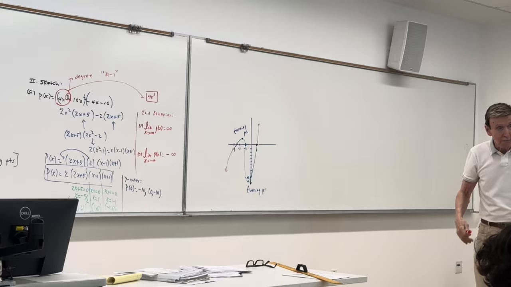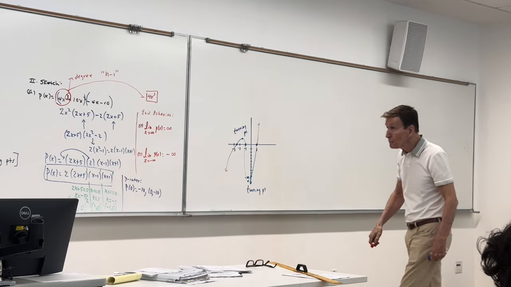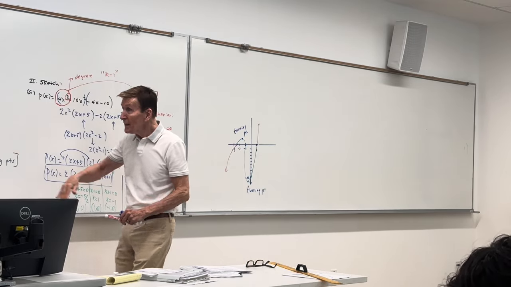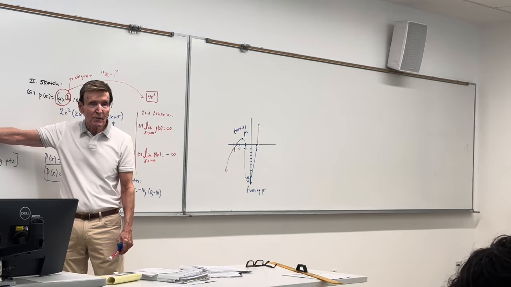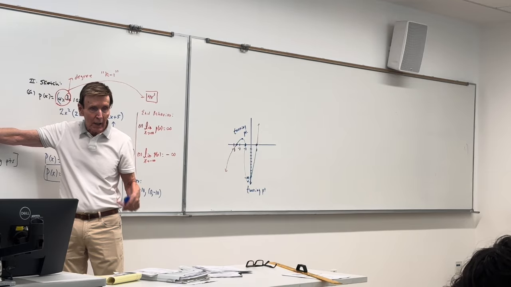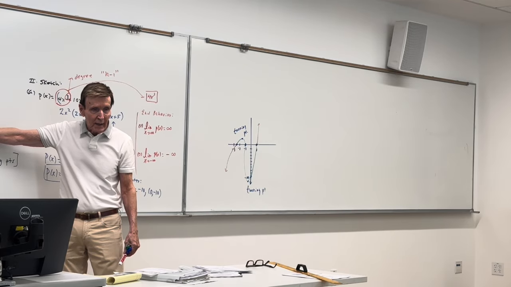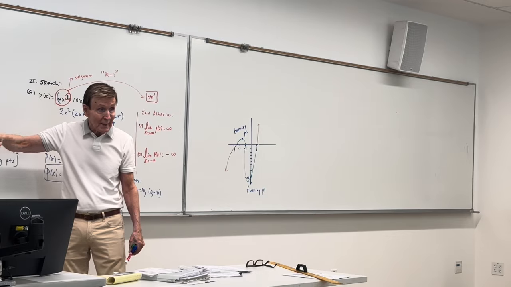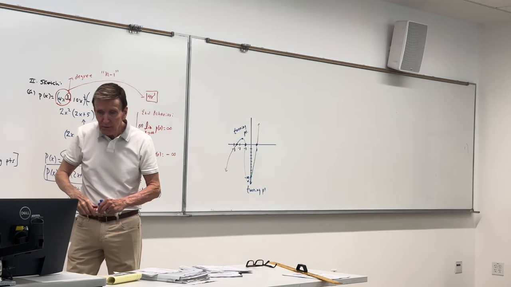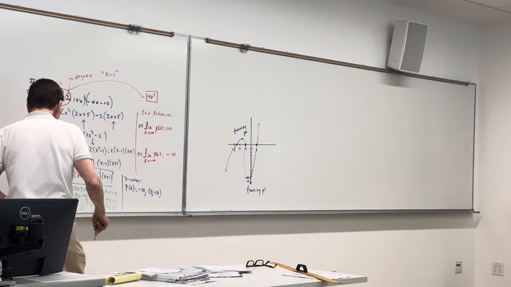Now, Jonathan, I remember you doing this. Please name in interval notation, since I have the graph, where p of x is guaranteed to be positive. When is that happening?